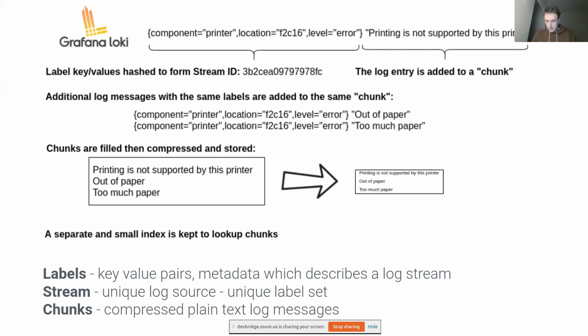You might ask how it can be fast and how it can work without a huge index of all the data, how we can filter this text. So when we try to read something from Loki, it reads all the chunks that match the time frame and labels.